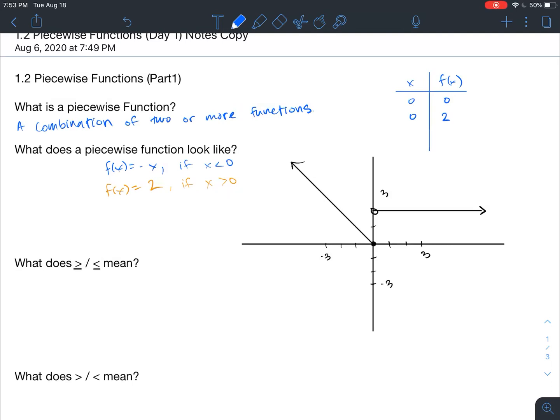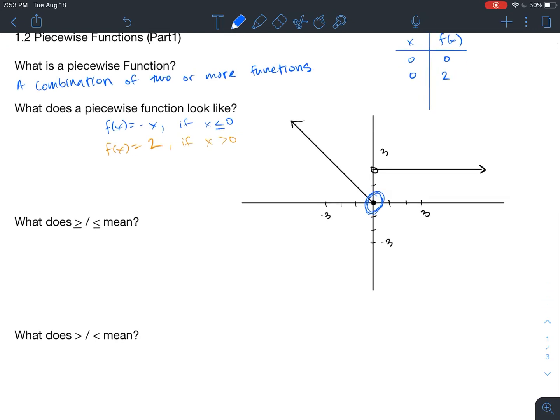So we're going to write right here that f of x is equal to negative x if x is less than or equal to 0. So that lets us know that this right here is where that one output lies. So when we plug 0 into our equation, we're going to get 0, not 2, because we can only have one output for when x is 0 right here.